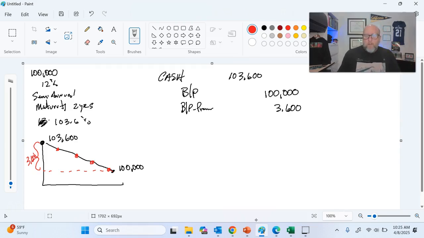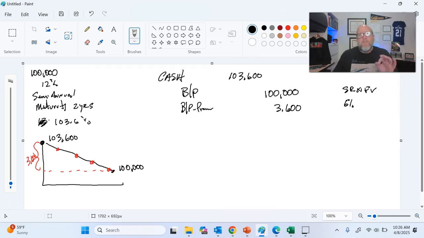So the journal entry to record interest expense is the same set of procedures. The first thing I'm always going to do is calculate the cash paid. And the cash paid is always going to be the stated rate times the face value, and our stated rate is 6%.